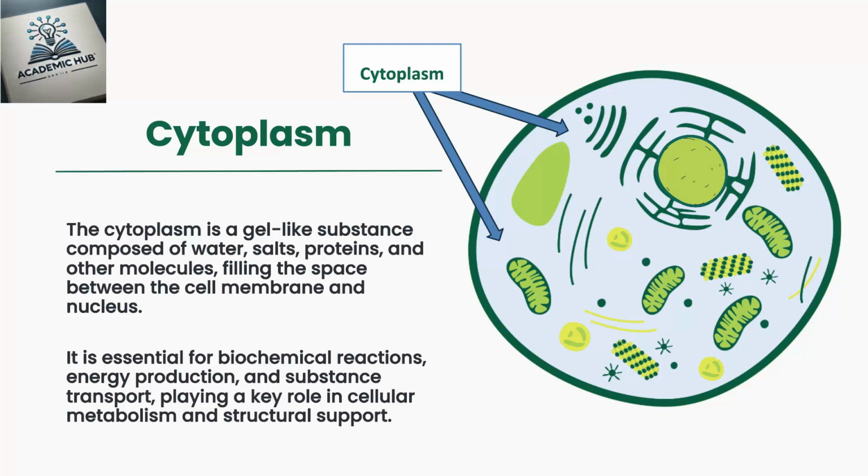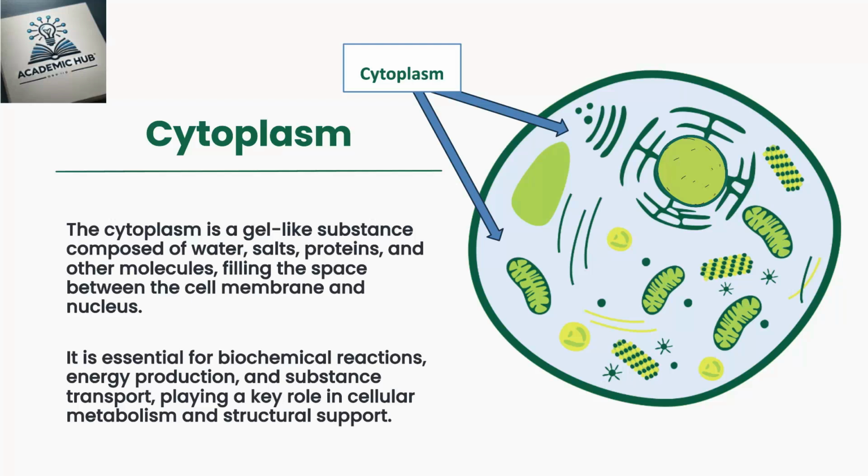First is cancer, in which uncontrolled cell growth occurs due to cytoplasmic dysfunction. Mitochondrial disorder, mutation affecting energy production in the cytoplasm. And neurodegenerative diseases, where improper protein folding in the cytoplasm can lead to diseases like Alzheimer's.